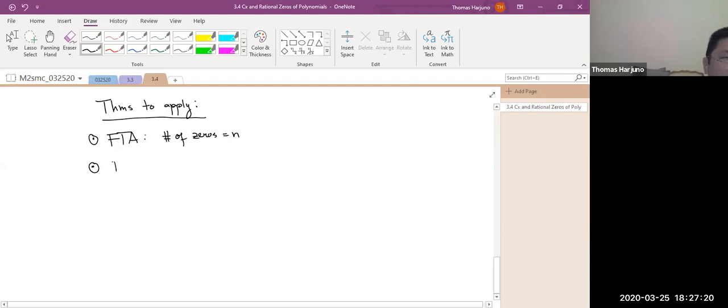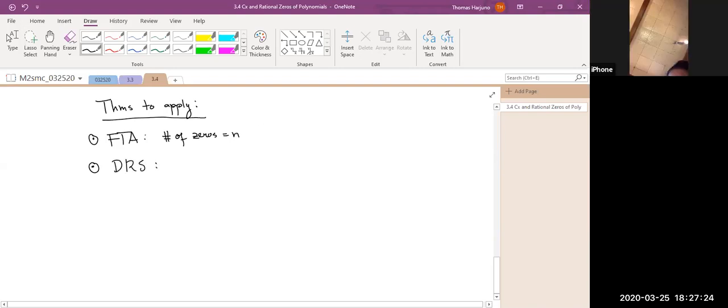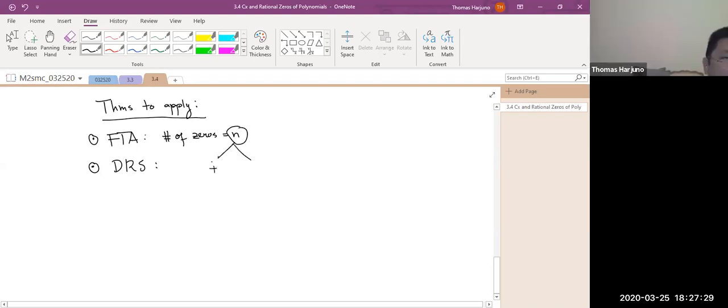Second, Descartes' rule of signs helps us narrow down from the n number of zeros that we're supposed to have, how many of them are positive, how many negative, and therefore how many complex.